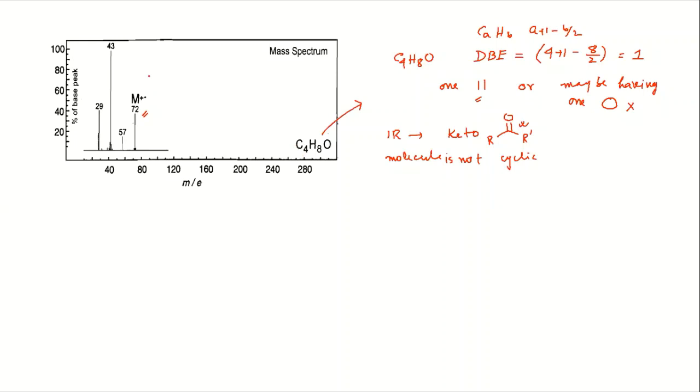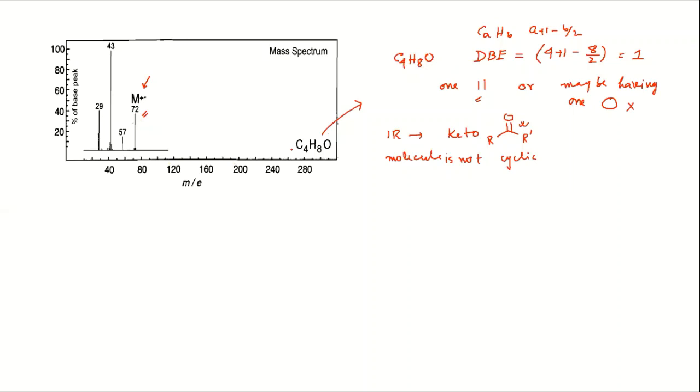Now here it is written M dot plus, that means molecular ion. Are you getting? Sometimes the M plus is not written, only the formula is given. In that case you should cross check whether the most right peak matches the molecular formula.